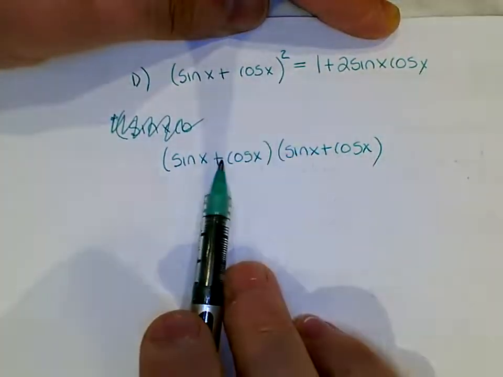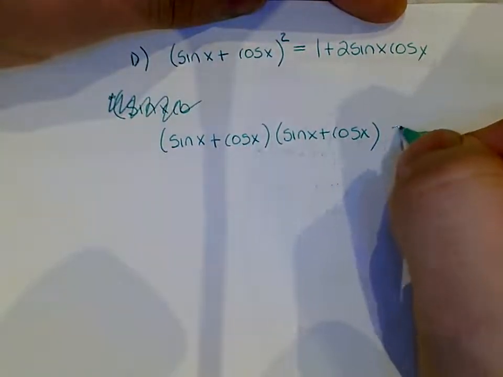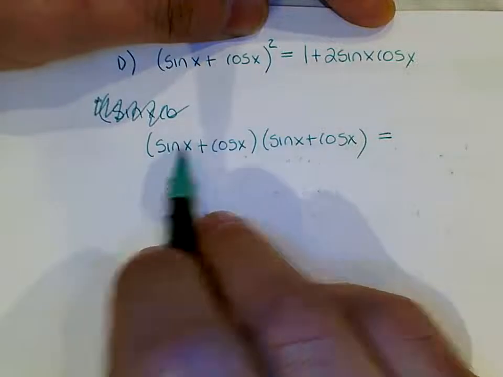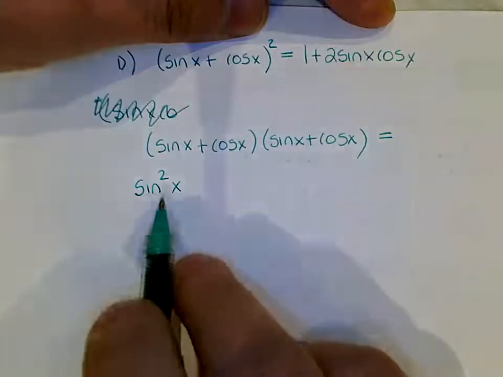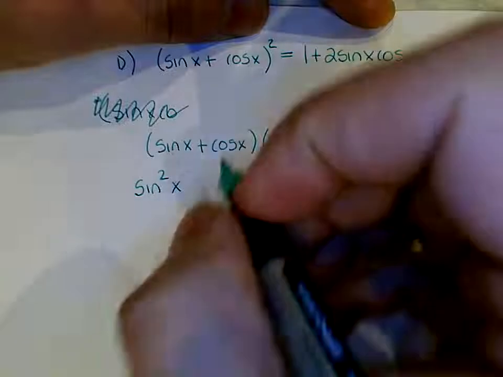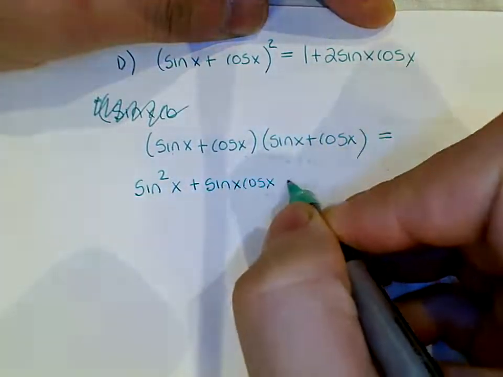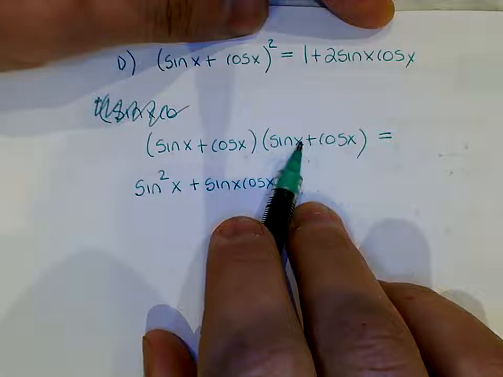So we know our exponent just basically means multiply your term by itself. And now I can FOIL. So sine x times sine x is going to give us sine squared x. Sine x times cos x will give us sine x cos x. Cos x times sine x will give us cos x sine x.